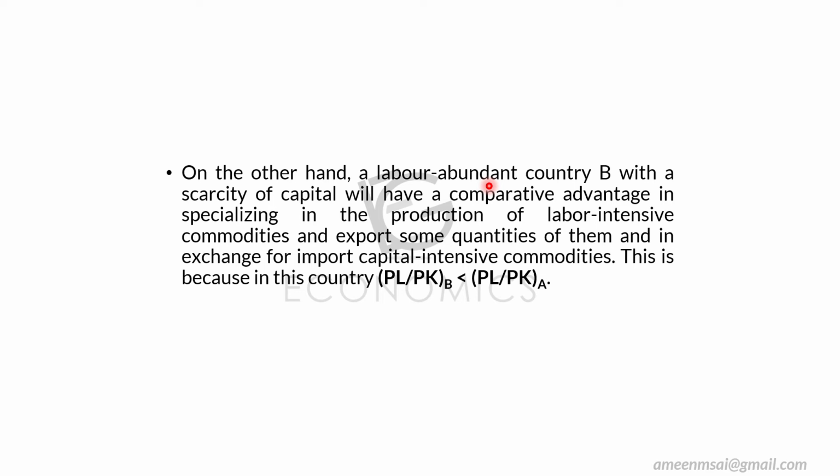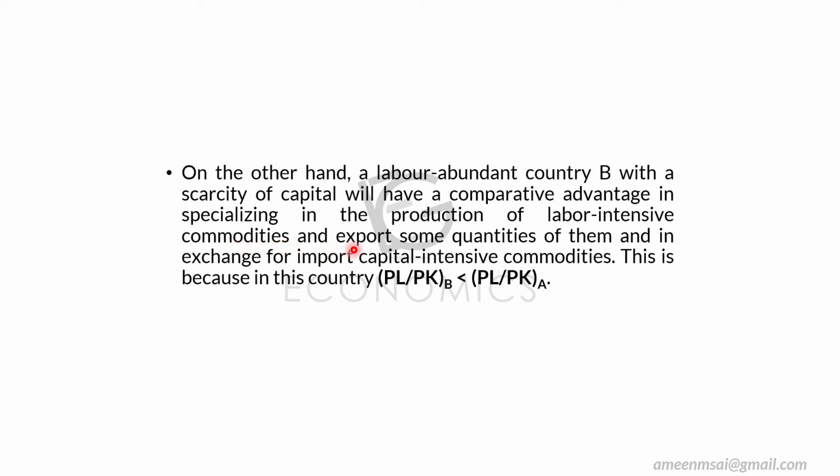On the other hand, a labor abundant country, that is country B, with a scarcity of capital, where capital is very less and labor is more, will have a comparative advantage in specializing in the production of labor intensive commodities. Country A will have an advantage in the production of capital intensive goods, and country B will have an advantage in the production of labor intensive commodities.